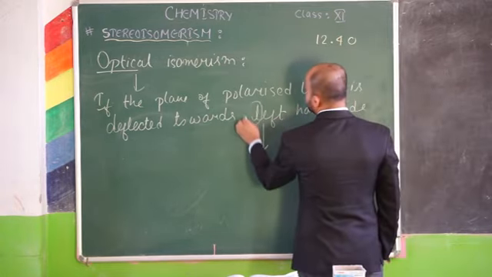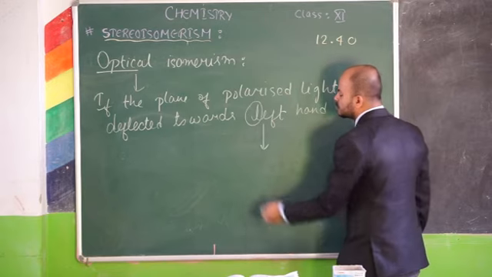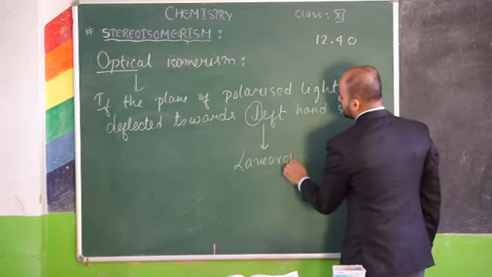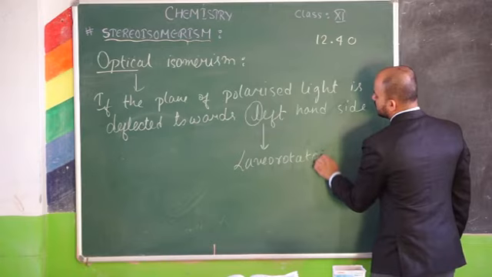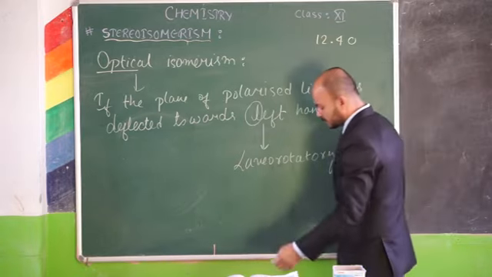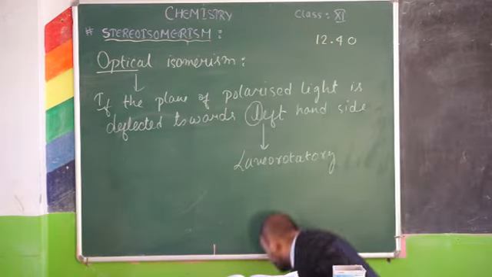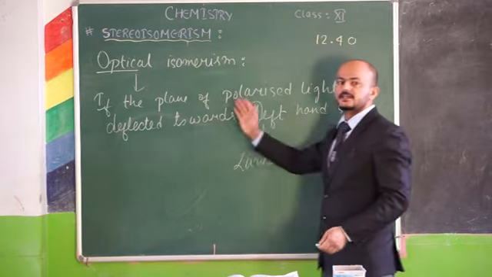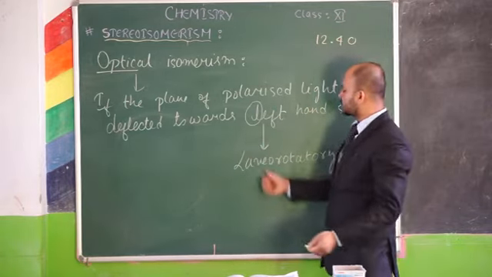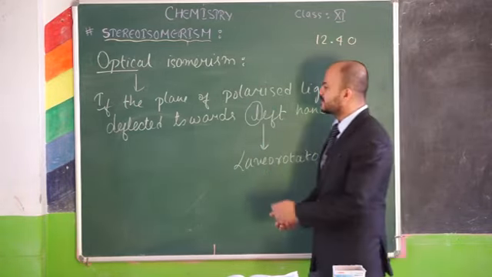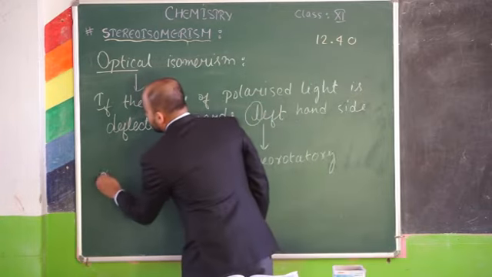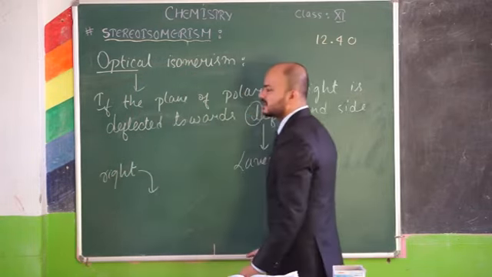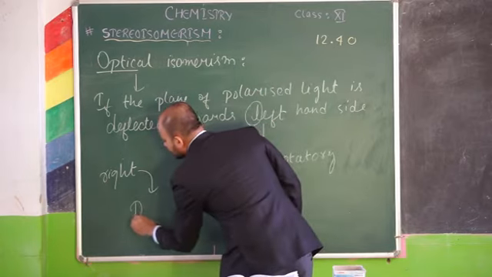Left starts with L, so they are known as levorotatory. If there is deflection of this polarized light towards the left hand side, they are known as levorotatory. If it is towards the right hand side, then it is known as dextrorotatory.